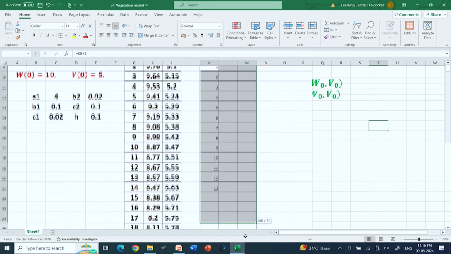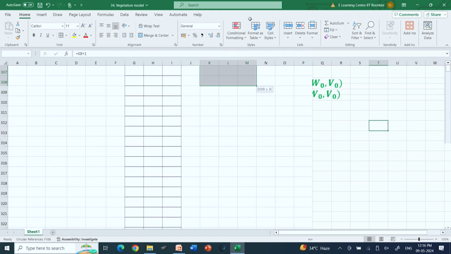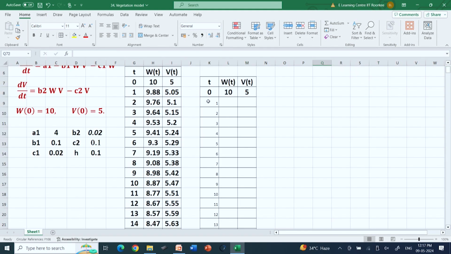Let me just increase the font size and make it a bit bold here.